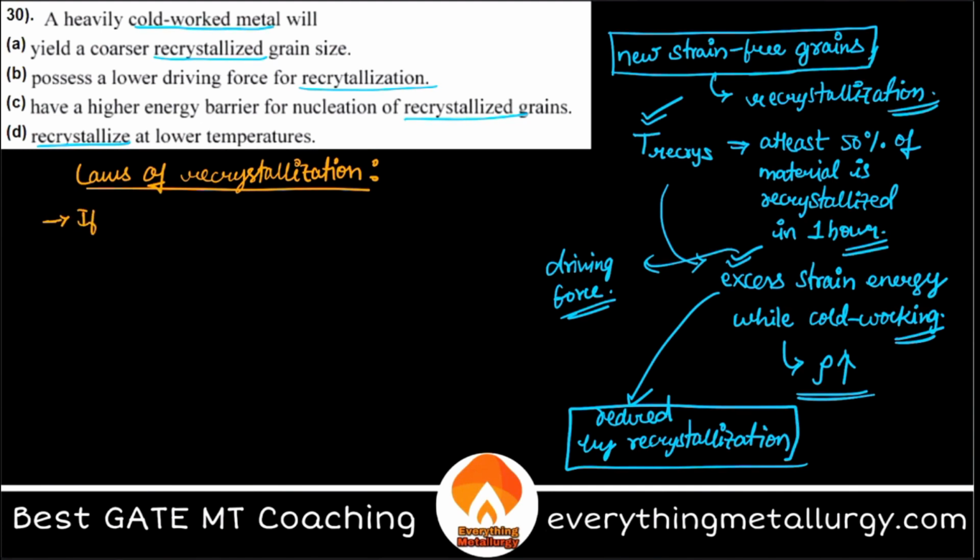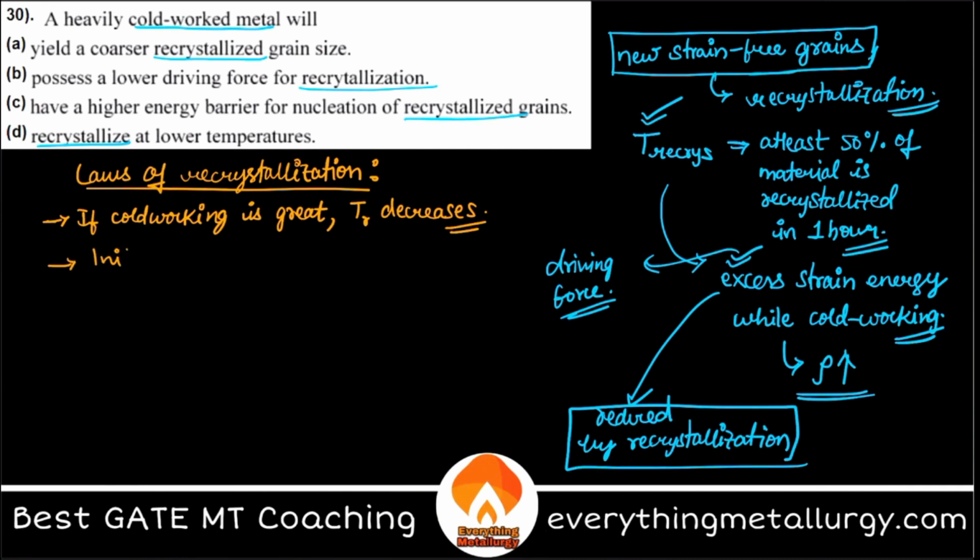One thing I already said: if the amount of cold working is high, then recrystallization is easy. That means the recrystallization temperature will decrease. Now, what about the grain size?